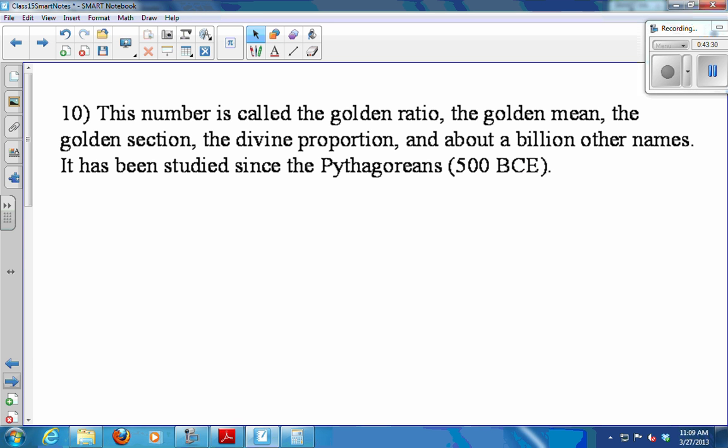They studied it with a religious intensity. And that is how they explained the world. Instead of using a religion and gods, they explained the world with numbers and ratios of numbers. And that's why this is sometimes called the divine proportion, because it had a lot of meaning in how it explained the world.